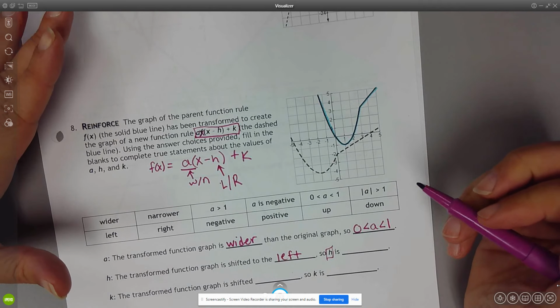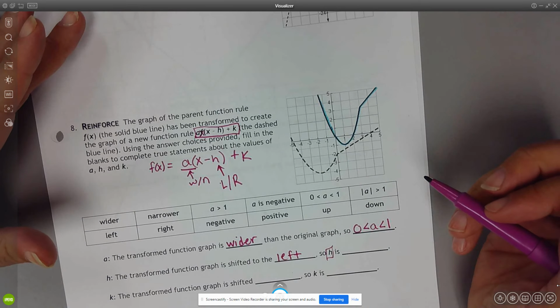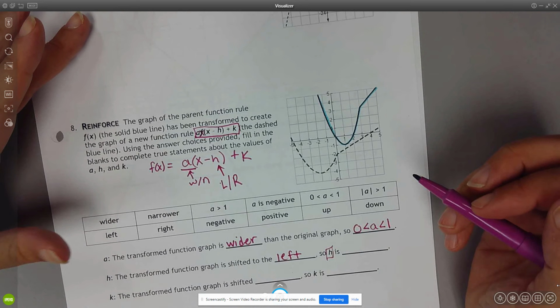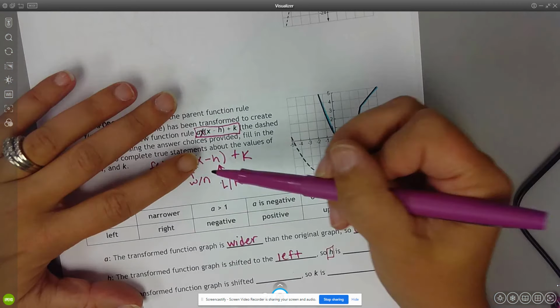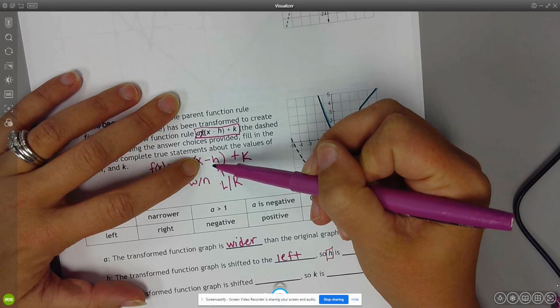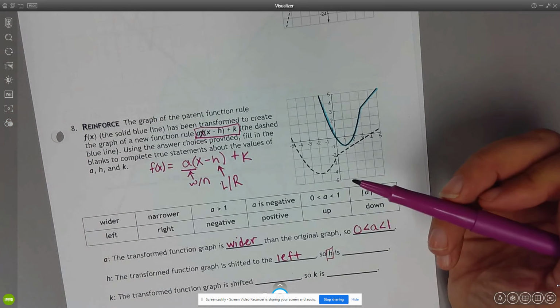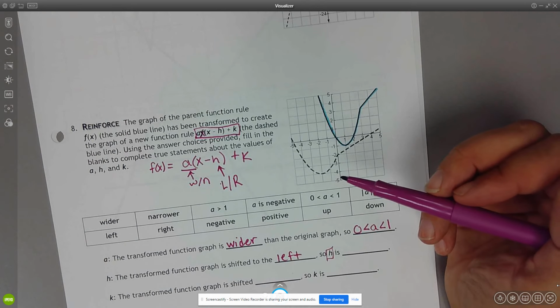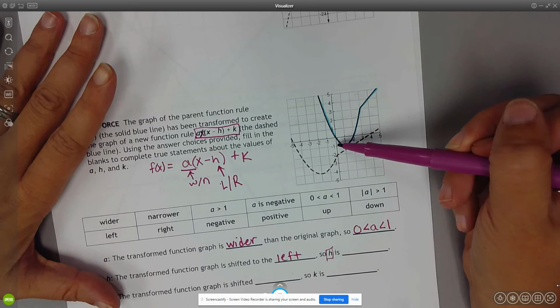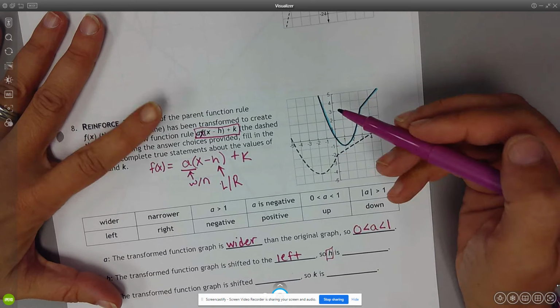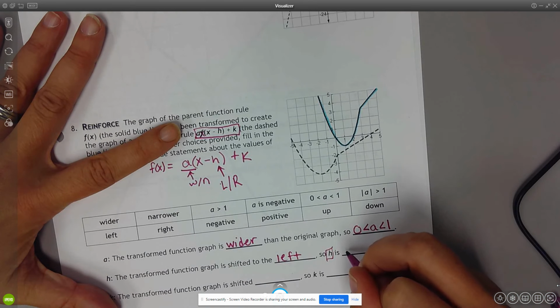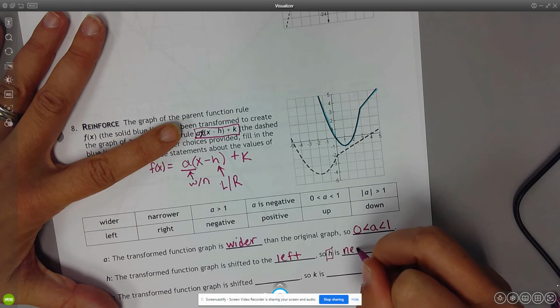Now, remember, with this one, what makes something turn to a negative or a positive here? It is shifted to the left, so I know that this term is actually going to be negative.